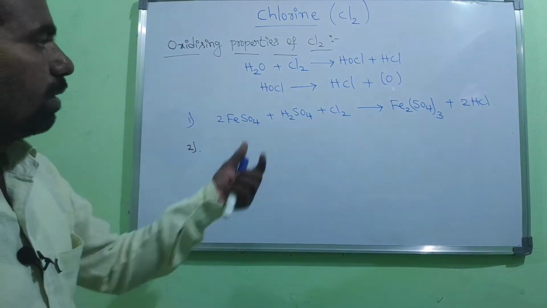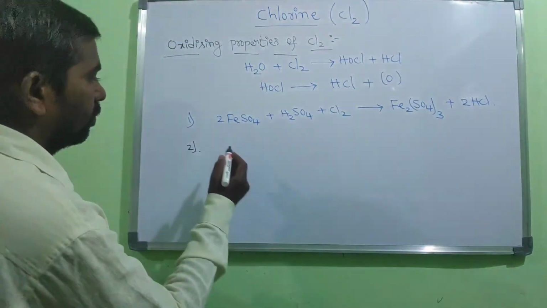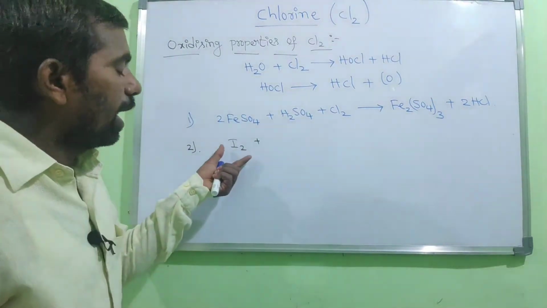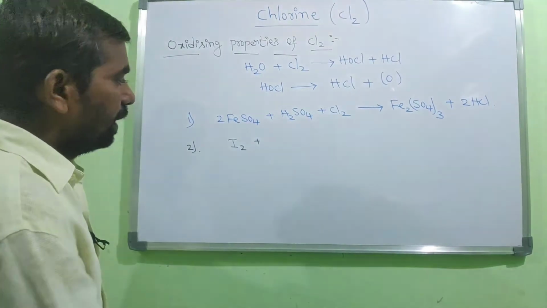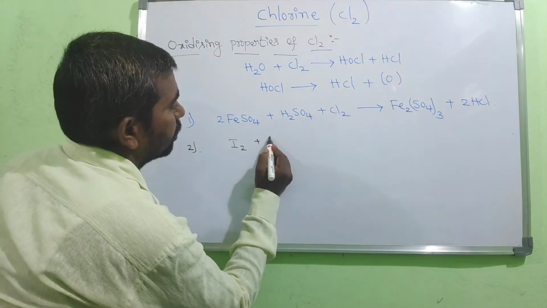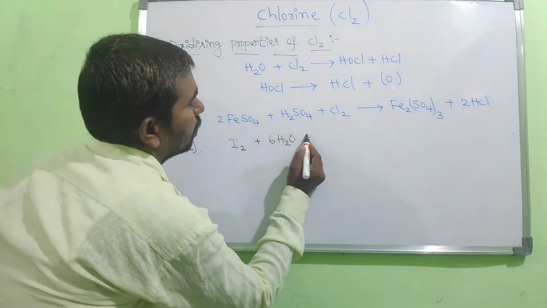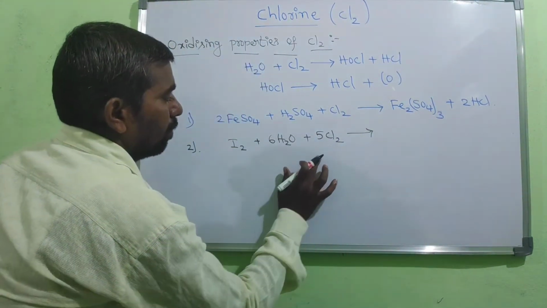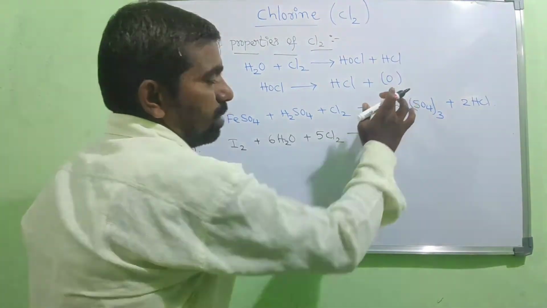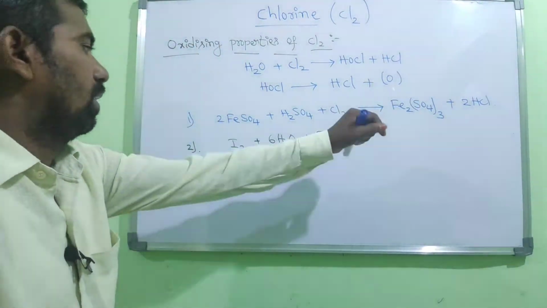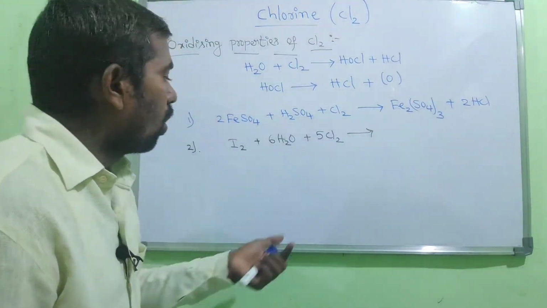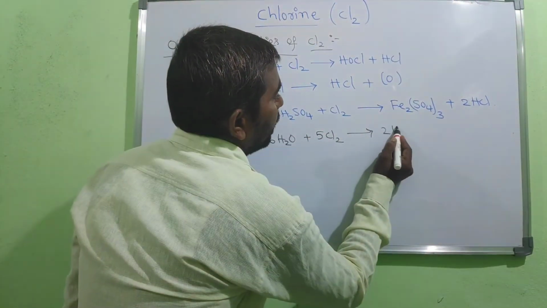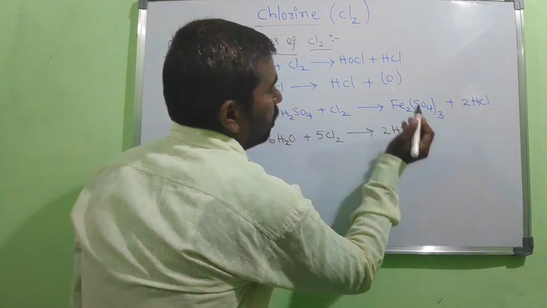And then for the next one, I am taking iodine molecules with again water and chlorine. With this, nascent oxygen is released, and the chlorine oxidizes the I2 into iodic acid, HIO3.